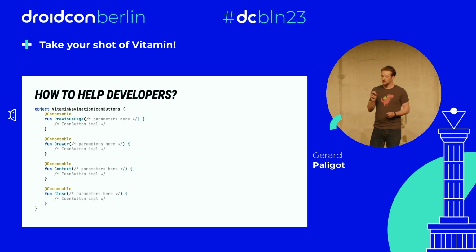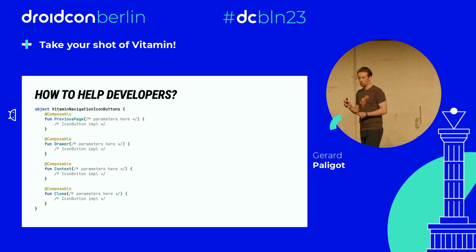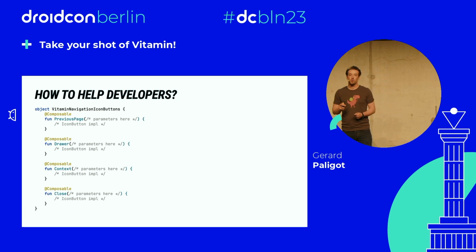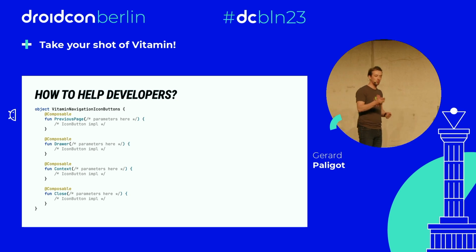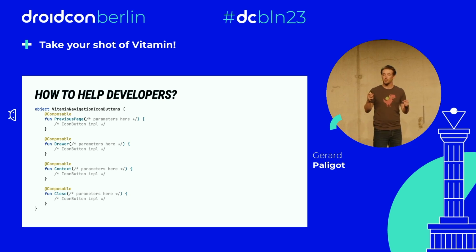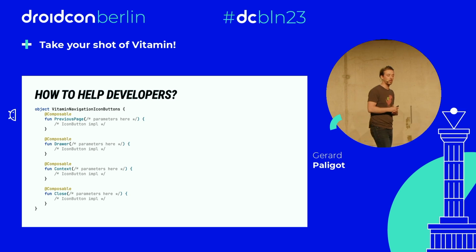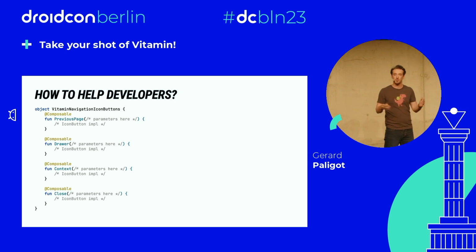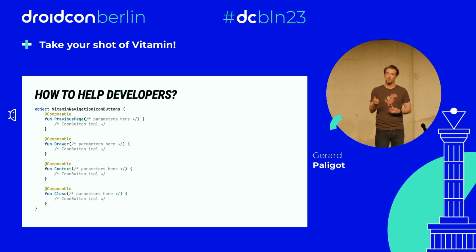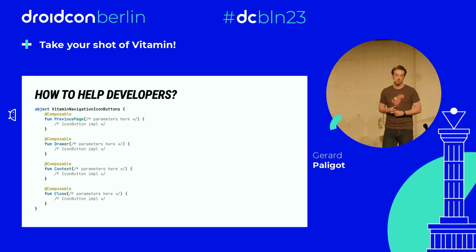What is this scope? It is an object class again with a list of composables. So here you can find the previous page composable or the context one, which is the arrow we display in every application when we want to come back to the previous page.